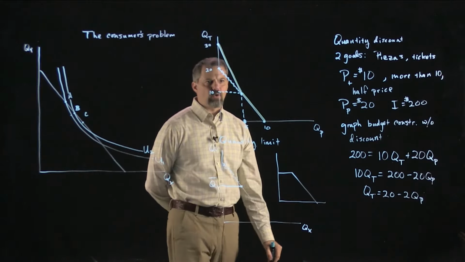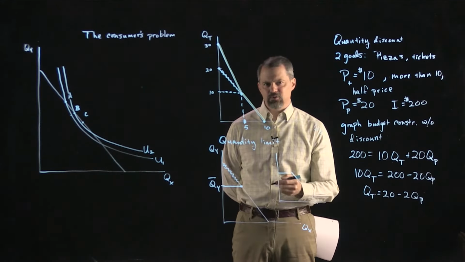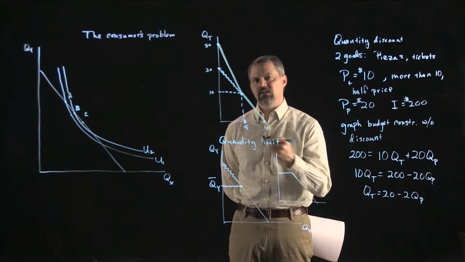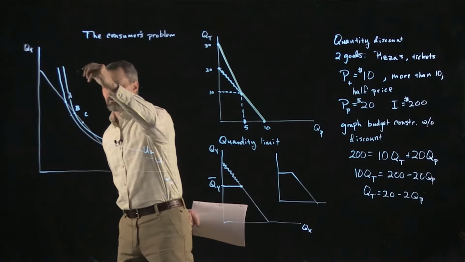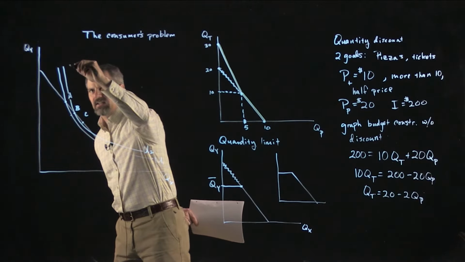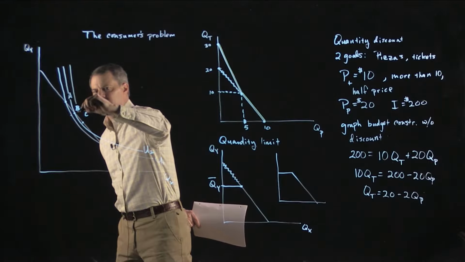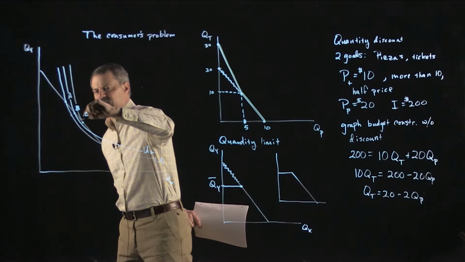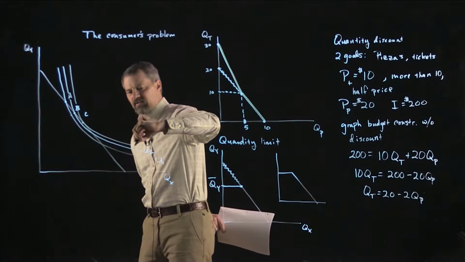Bundle C is affordable, and bundle C would provide a higher level of utility than bundle B. So let's draw the indifference curve through bundle C, and let's suppose that it looks like this. It comes down right through here, and it's just tangent right there at point C, and then it curves on around like this.